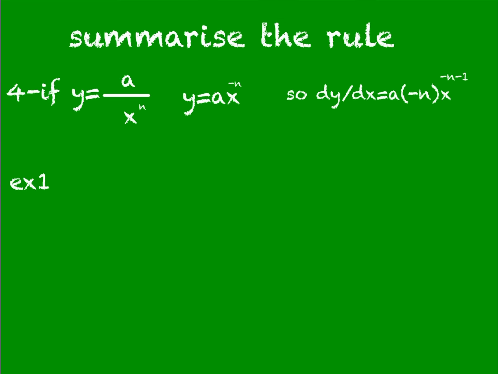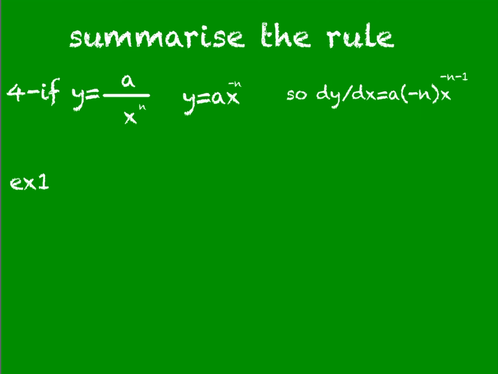Now, the difficult one, but I will make it easy for you. Okay, y equals a divided by x to the power of n. We will take x to the power of n upside. How? Just change the sign of the n. Positive is going to be negative.